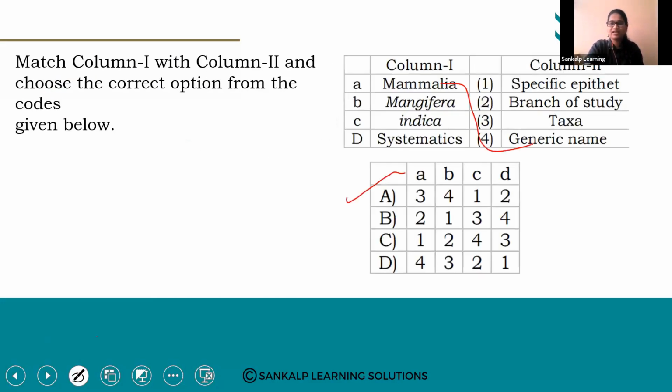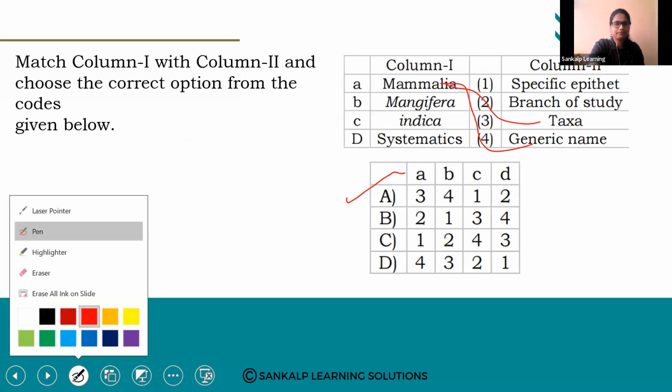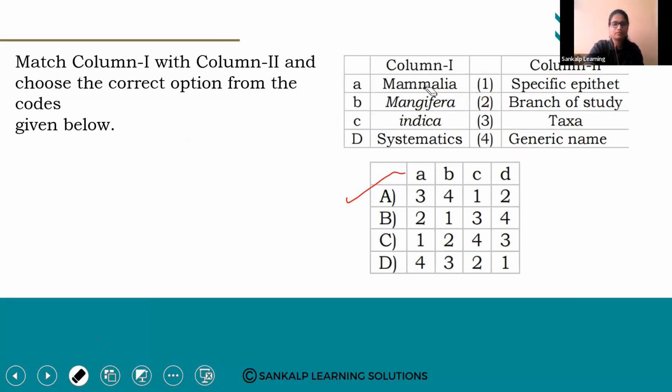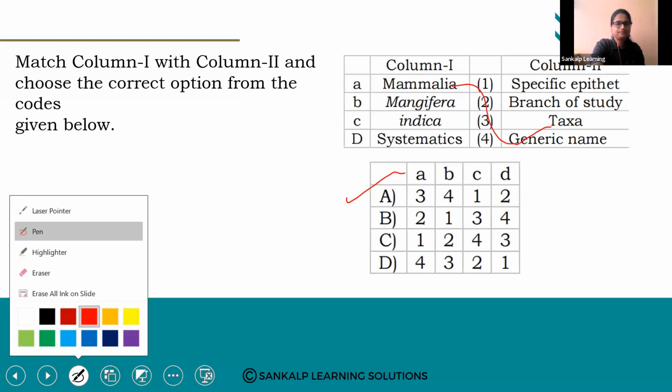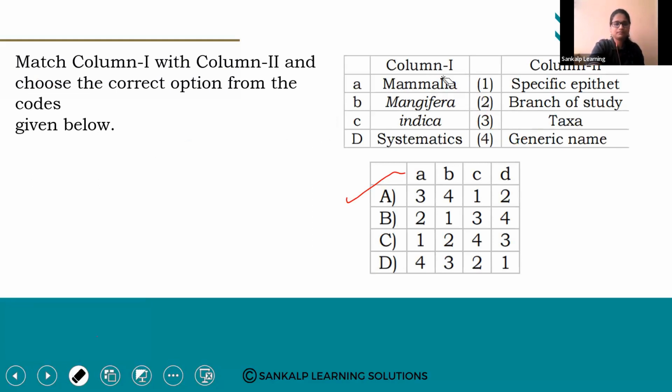Mammalia is a taxa. Mangifera is the generic name. Indica is the specific or species name. Systematics is a branch of study.